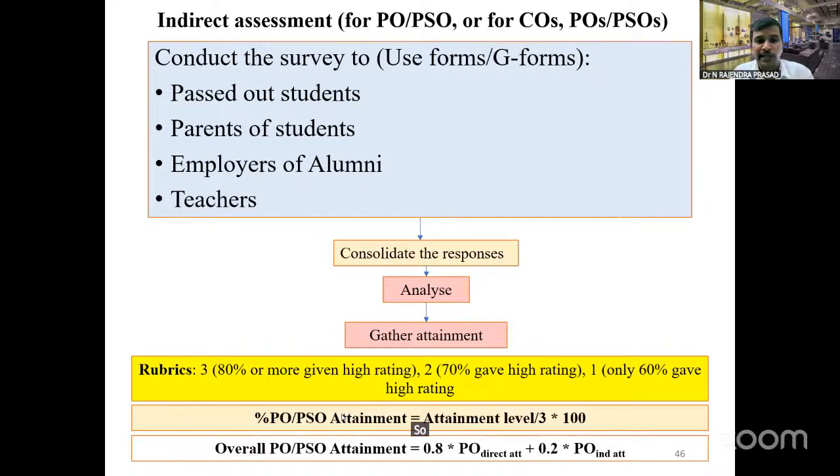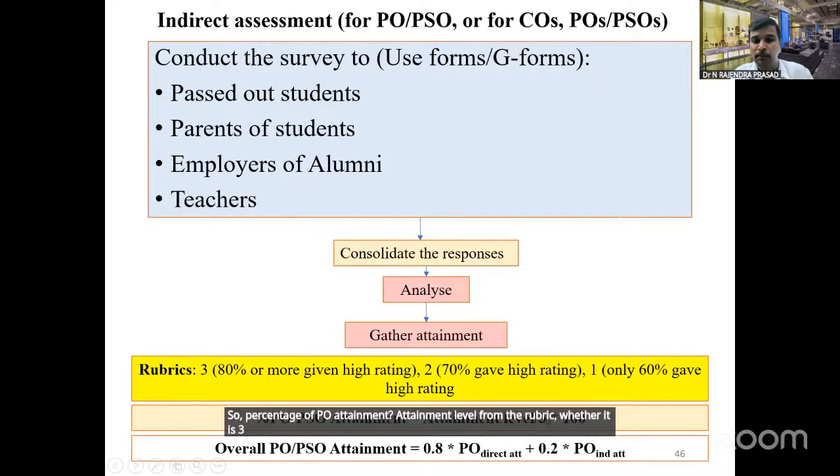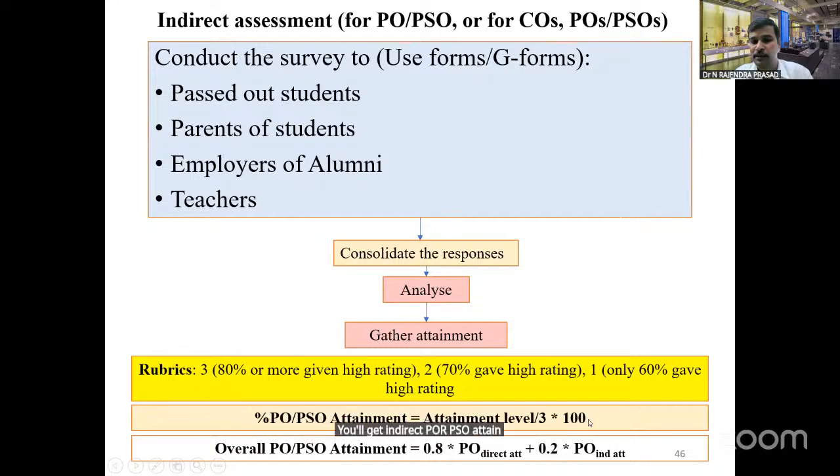So percentage of PO attainment level from the rubric, whether it is 3 or 2 or 1, that number divided by 3 into 100. You will get indirect PO or PSO attainment. Now you get the overall attainment, that is 80% to the direct assessment, 20% to the indirect assessment.